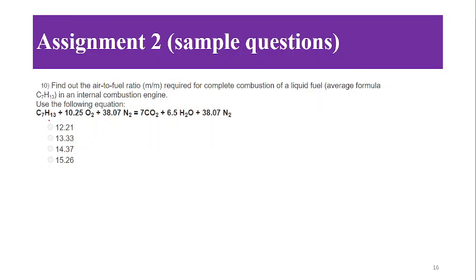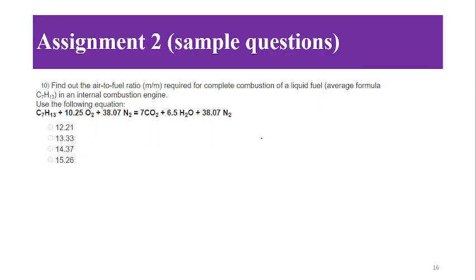So C7H13 is reacting with 10.25 moles of O2 and 38.07 moles of N2. Because it is air to fuel, air consists of oxygen as well as nitrogen. So it gives you CO2, water vapor, and nitrogen. Here we need to find out the air to fuel ratio, mass by mass. So what is the air required here?